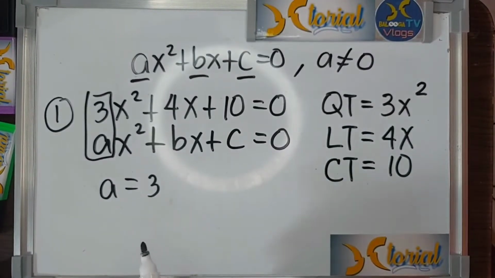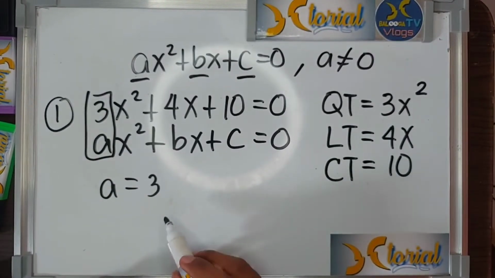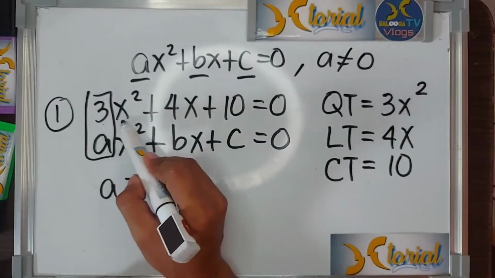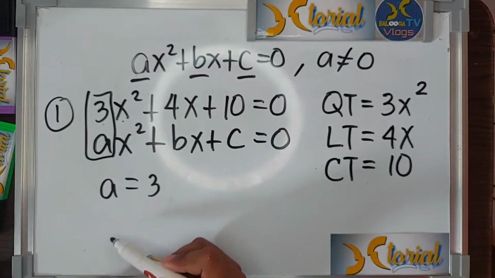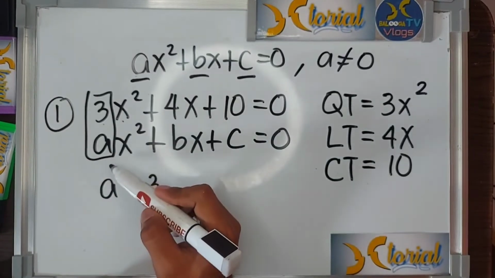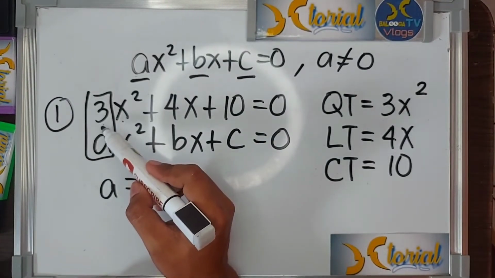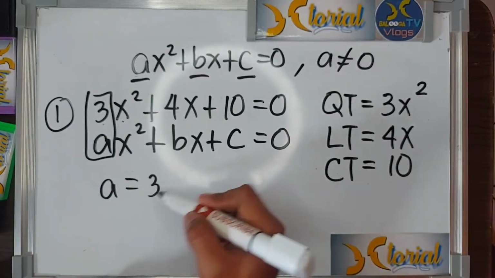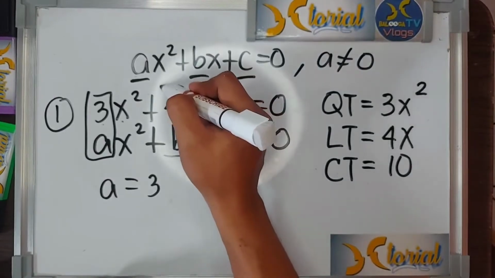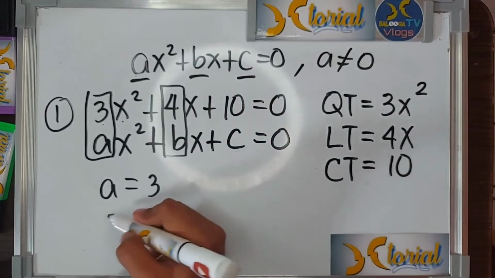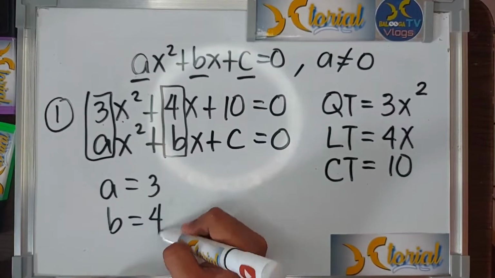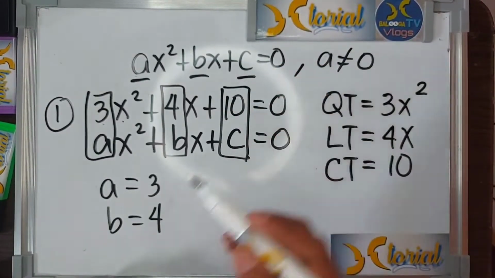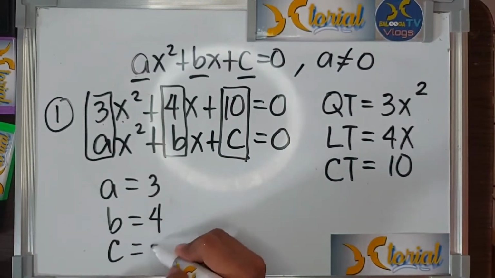Minsan po kasi, pag sinabi ko sa mga estudyante ko, nasan yung A? Ang sinasabi nila is 3x squared, which is wrong. Pag sinabi lang po nating A, only the numerical coefficient. So pag sinabi naman nating B, that is 4. So B is equal to 4. And of course, our C, wala nang iba kundi 10.